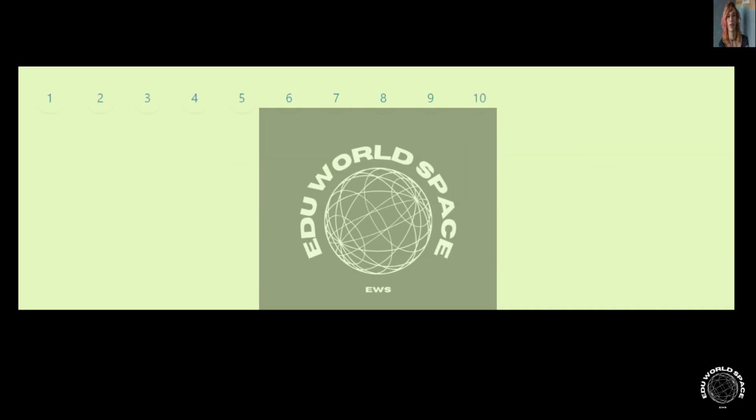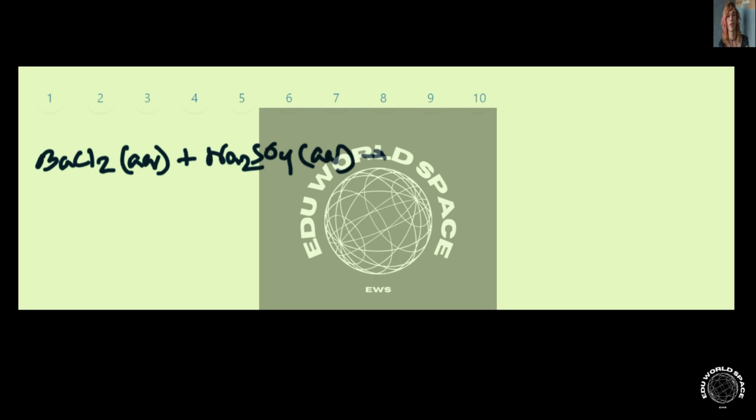Now we'll write the balanced equation. So the balanced equation for this reaction is barium chloride reacting with sodium sulfate, giving us barium sulfate and 2NaCl.